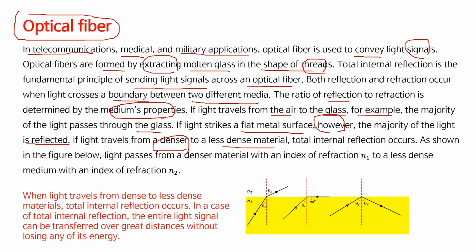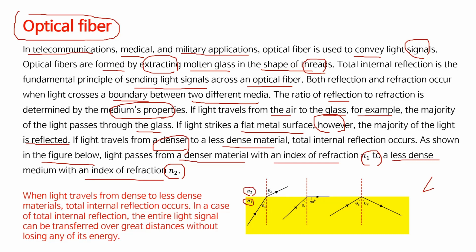As shown in the figure below, light passes from a dense material with an index of refraction N1 to a less dense medium with an index of refraction N2. So this material is denser than this material.